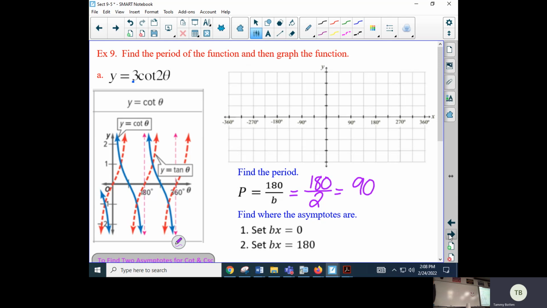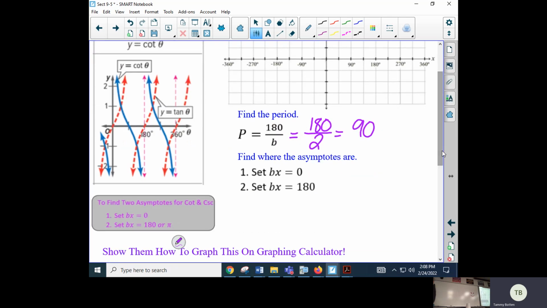Now, there's a couple ways that you could do this, but what I do is this to find out where my asymptotes are. I let B times theta, which is 2 theta, equal 0. And if you don't like using theta, you can do 2x equals 0 and 2x equals 180.